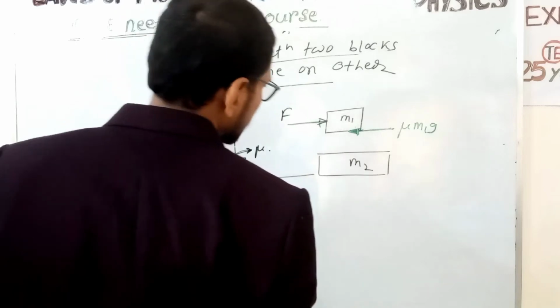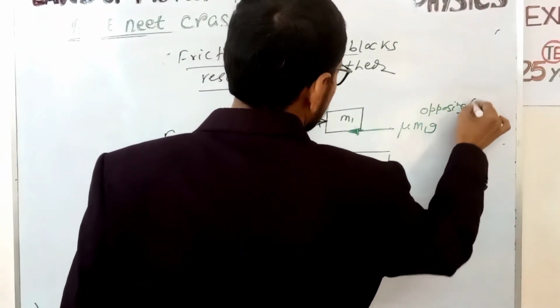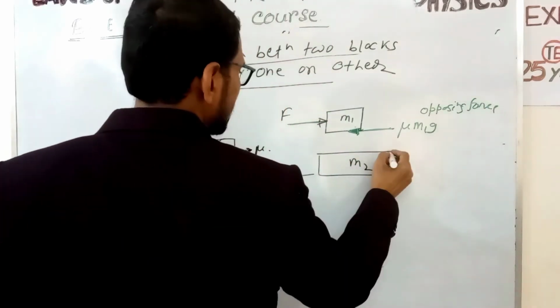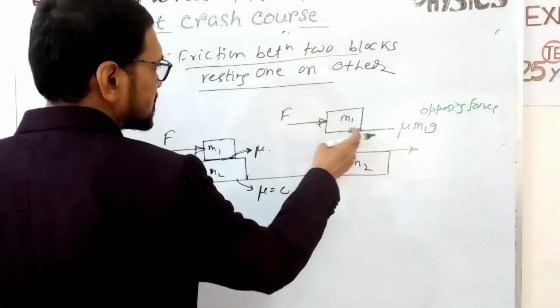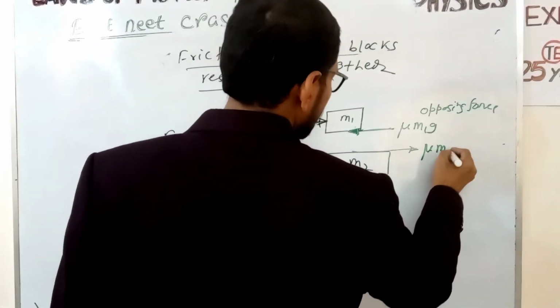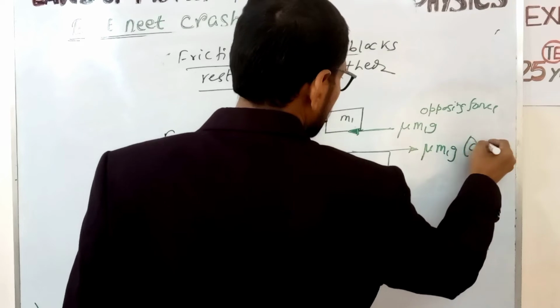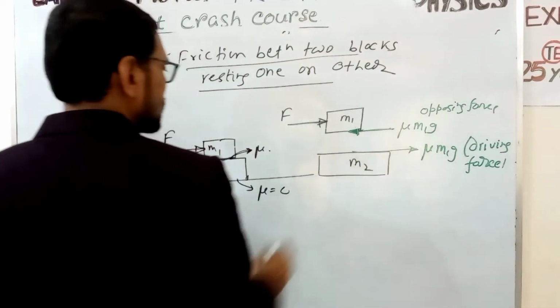So this is the opposing force. Now this opposing force drives the motion of the body in the contact surface. If this is the action, this is the direction. So now this mu m1g is the driving force for m2.